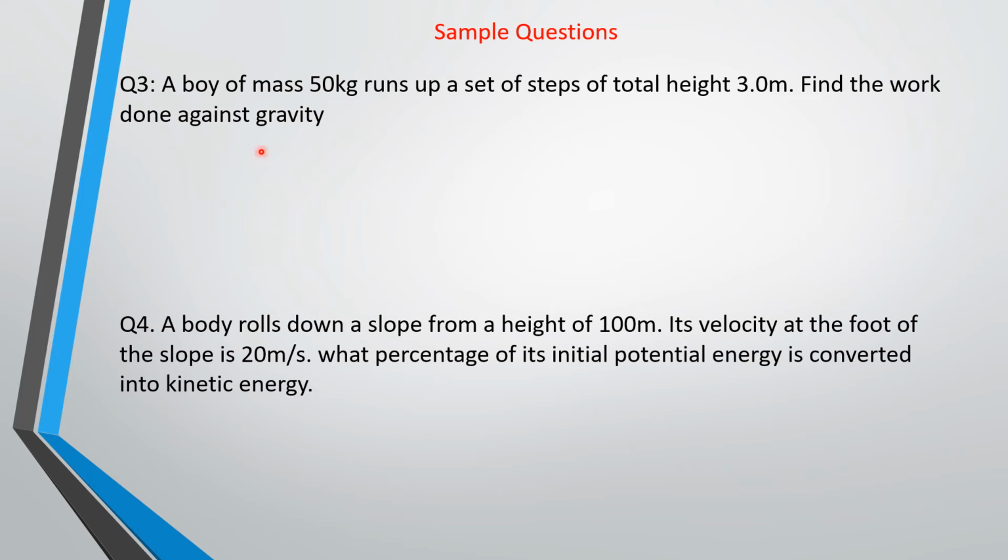Okay, so these are other sample problems. A boy of mass 50 kg runs up a set of steps of total height 3 meters. Find the work done against gravity. Okay, so this one is just direct. They are giving you the mass, mass is equal to 50 kg.